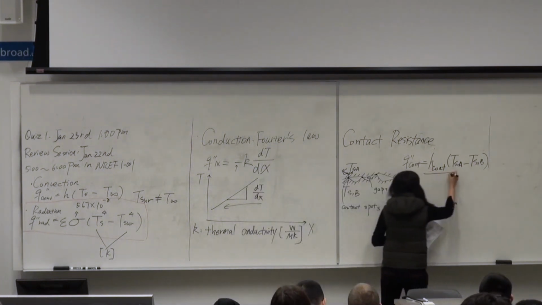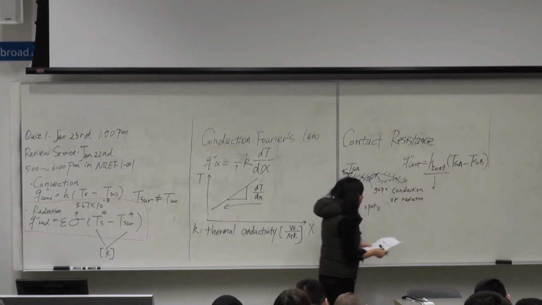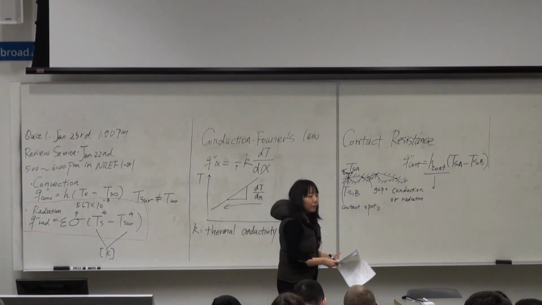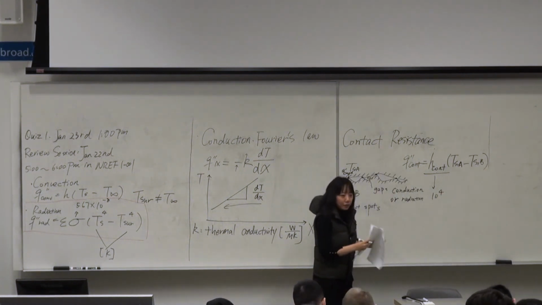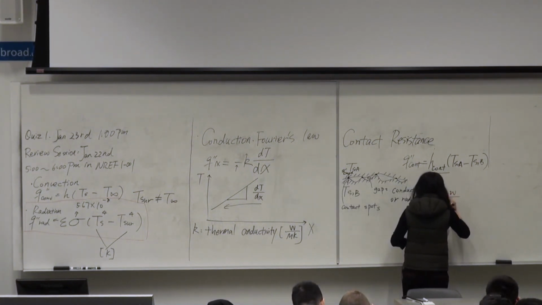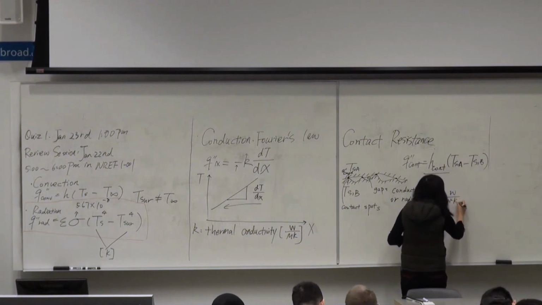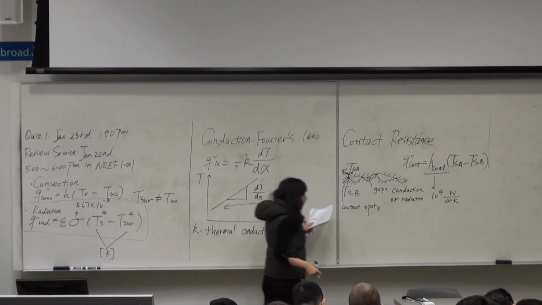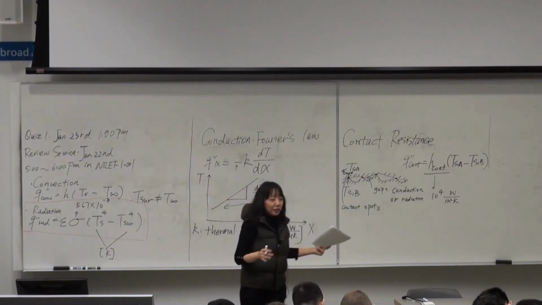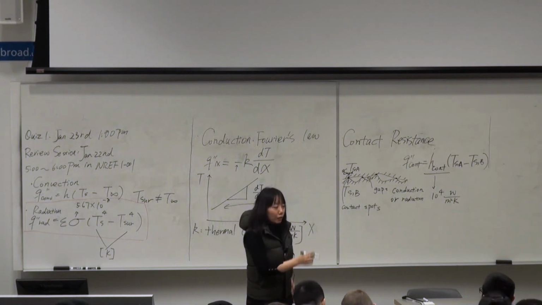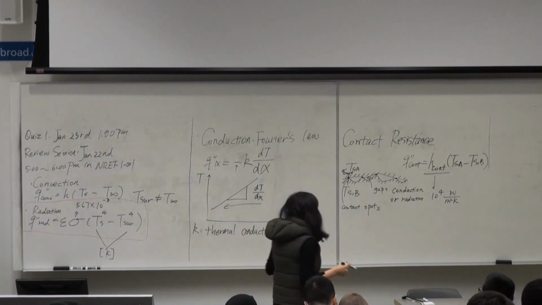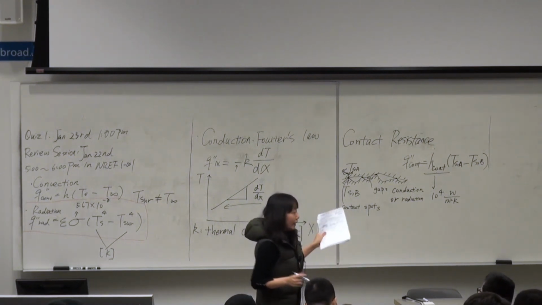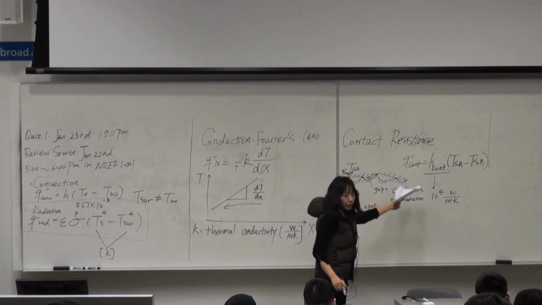The contact heat transfer coefficient for metal has an order such as 10^4 watts per square meter per Kelvin. So don't get confused between those simple formulas. We just use them to compute the heat flux or heat exchange rate with the given heat transfer coefficient.